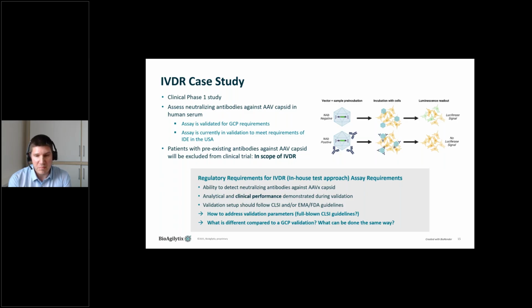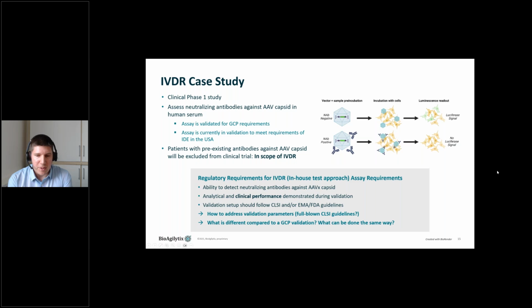The validation should follow the guidelines for diagnostic assays, but at the same time, as all enrolled patients will still be measured after dosing, it must also fulfill the current guidances for EMA and FDA. So you can see this as a hybrid.